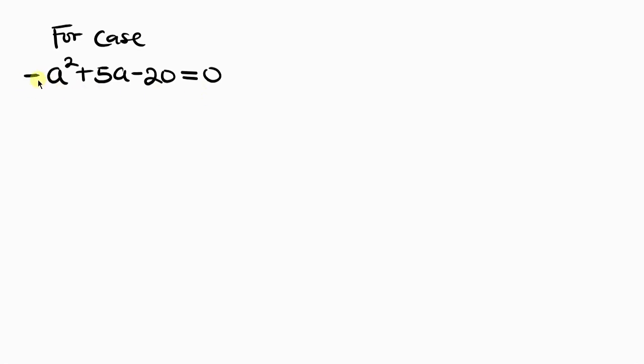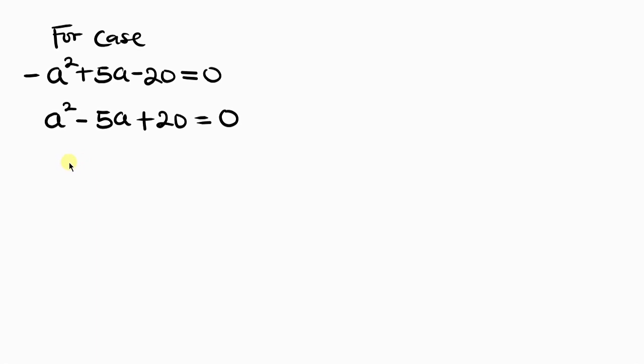So negative 1 times negative a squared gives a squared. Negative 1 times 5a gives negative 5a. Negative 1 times negative 20 gives plus 20. And this is equal to negative 1 times 0, which is 0.